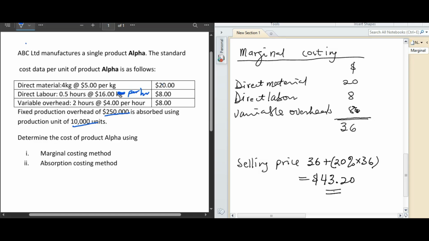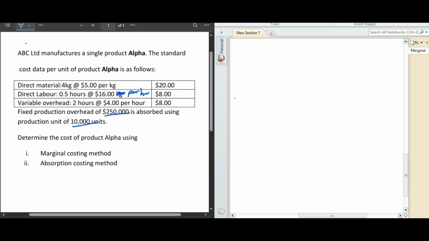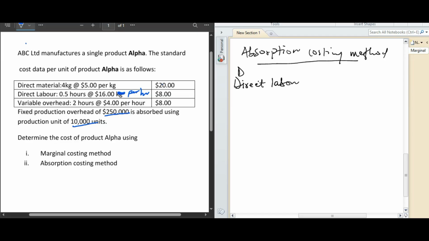Let's go straight to the absorption costing system. Using the absorption costing system, we have our direct material, direct labor, and variable overhead. Our direct material is $20, direct labor is $8, and variable overhead is also $8.